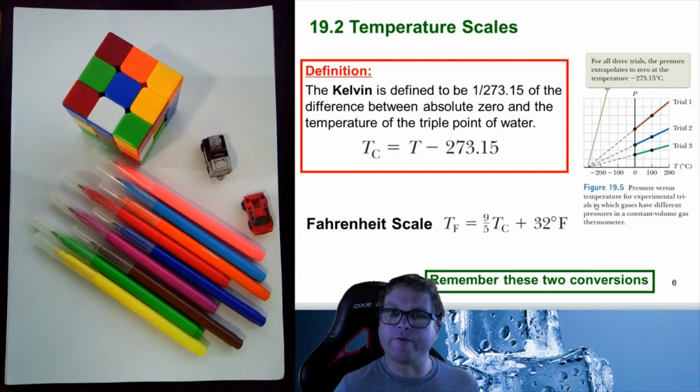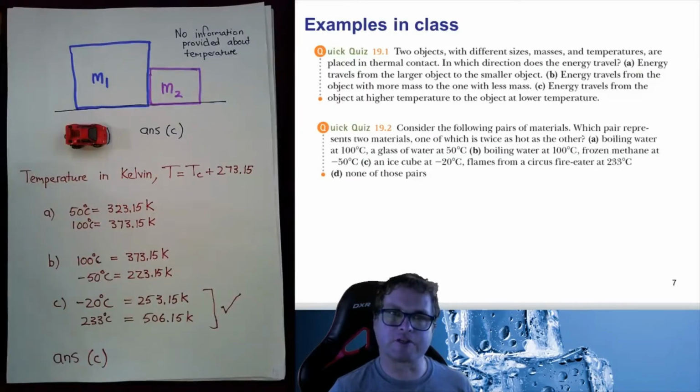We refer to -273.15 degrees Celsius as the absolute zero temperature, and this corresponds to 0 Kelvin. So this gives you a little bit of an explanation of where this equation for converting between degrees Celsius and Kelvin comes from. Let's have a look at two examples.